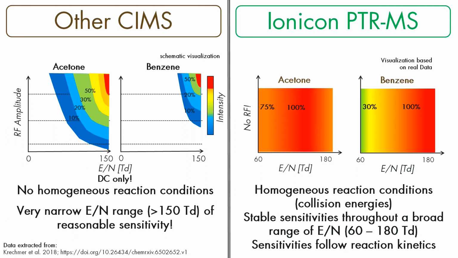Nevertheless, at normal operation conditions of around 120 to 130,000, the effect of sample humidity on sensitivity is insignificant. Now you guys probably start to think he's talking about acetone and aromatic species. These compounds are actually super easy to measure. We are more interested in real compounds.